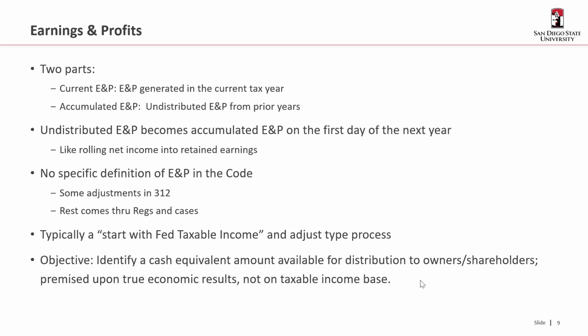The idea is you're trying to identify a cash equivalent amount that's available for distribution to owners and shareholders that's premised upon economic results, not necessarily upon the taxable income base. So in some respects, E&P is more closely aligned with book income than it is taxable income. But it is definitely not book income.